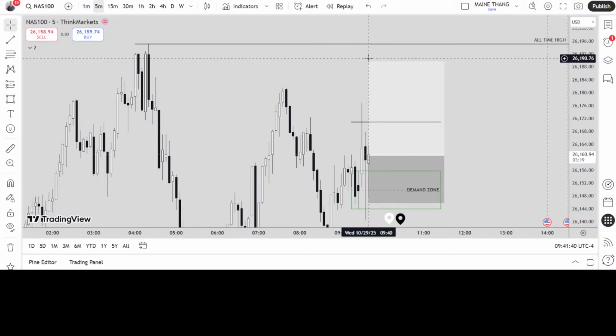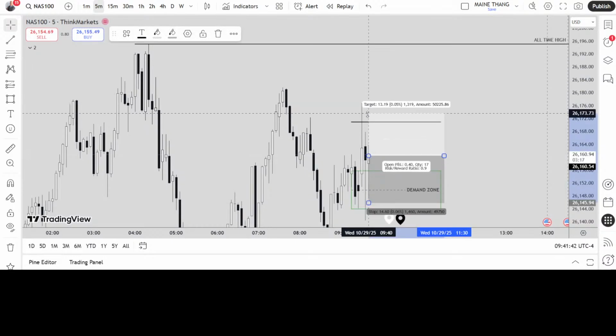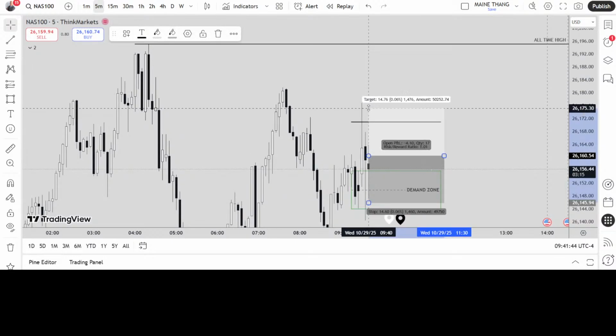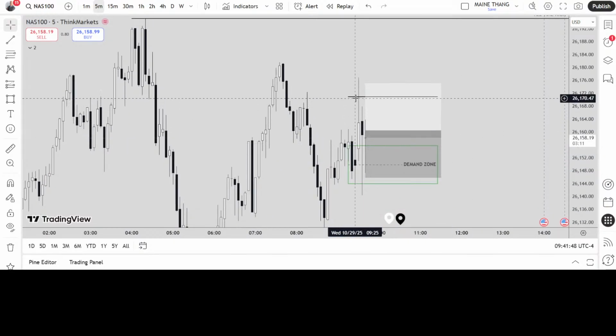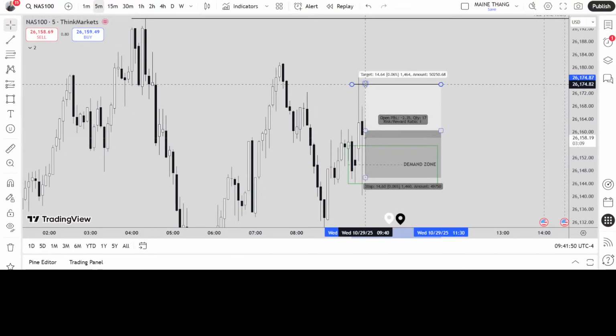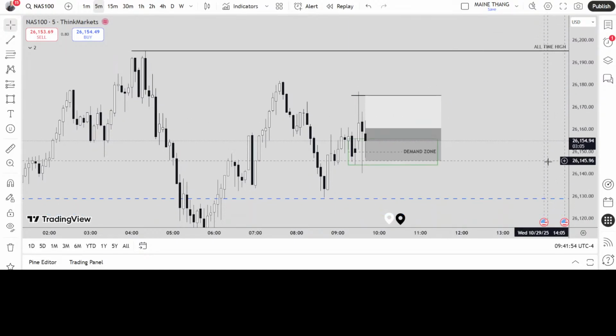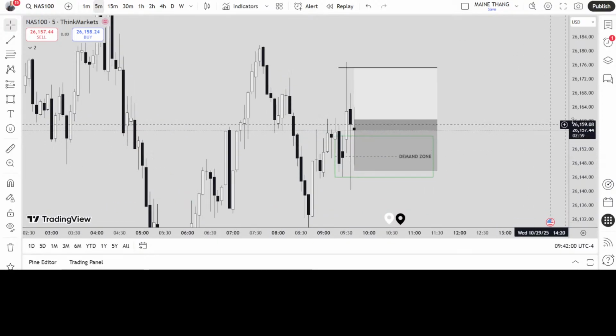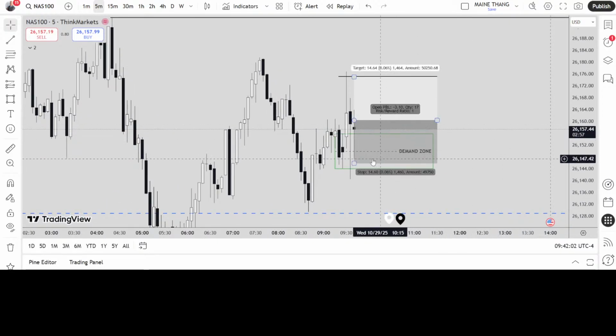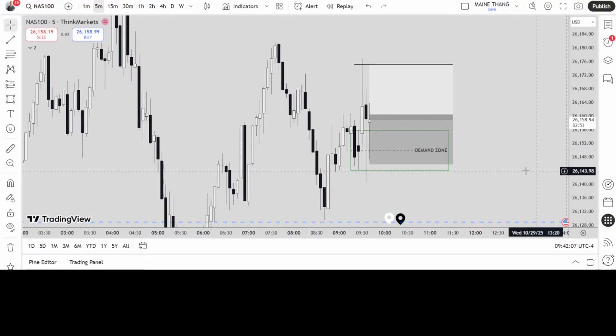Now your 1-1 becomes here. And your stop will stay the same, right under that candle, which is good.